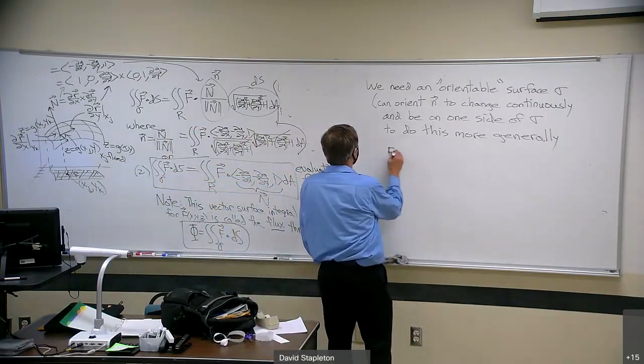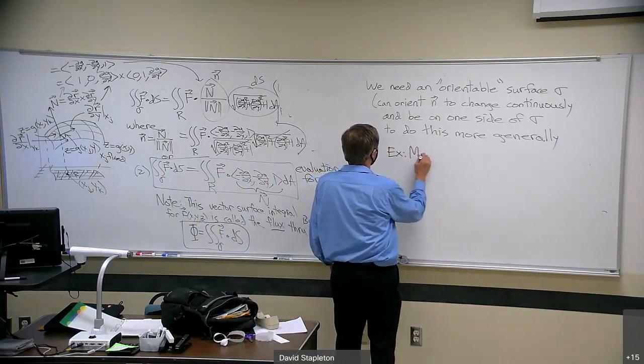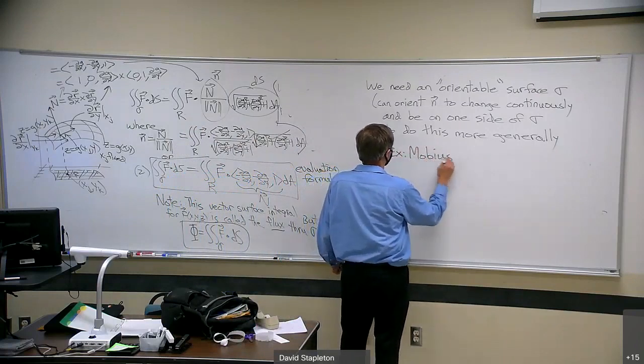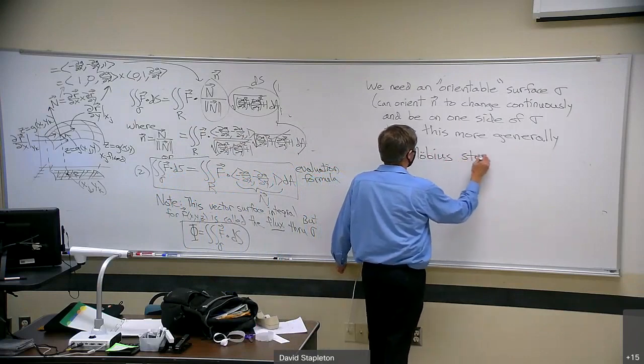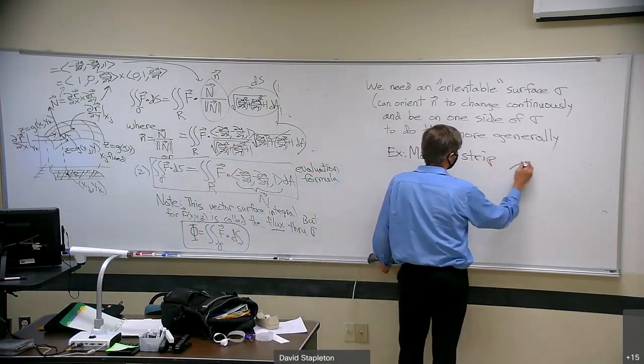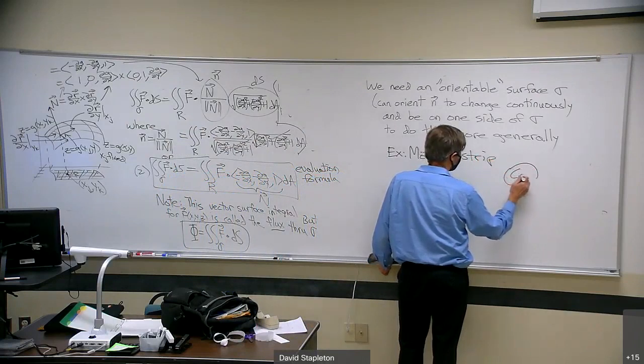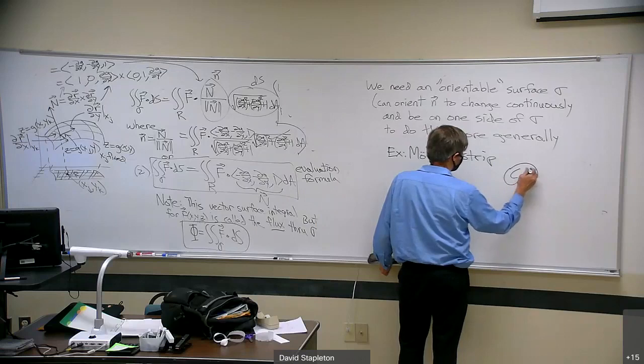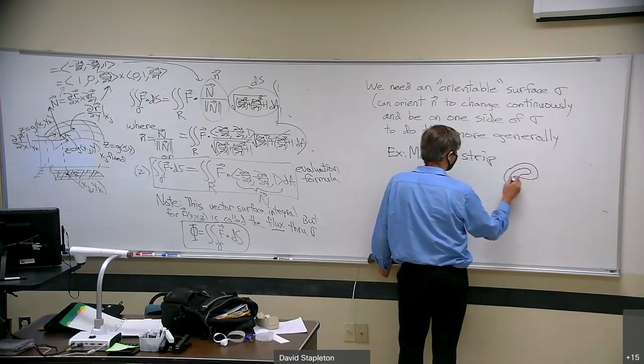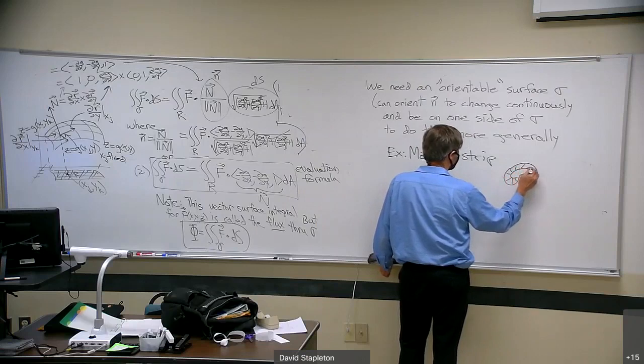So the example is, look it up online for fun, the Mobius strip. It's a piece of paper with a half twist in it. There's a picture in the notes.